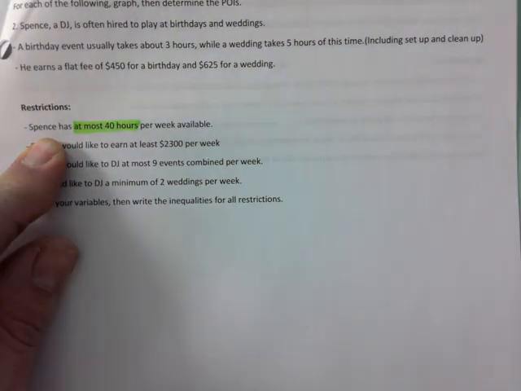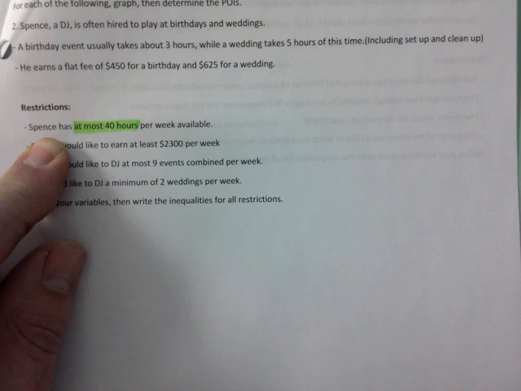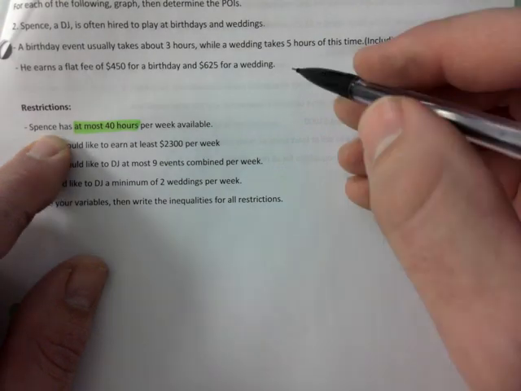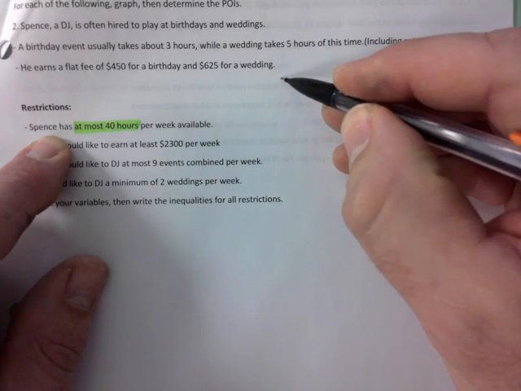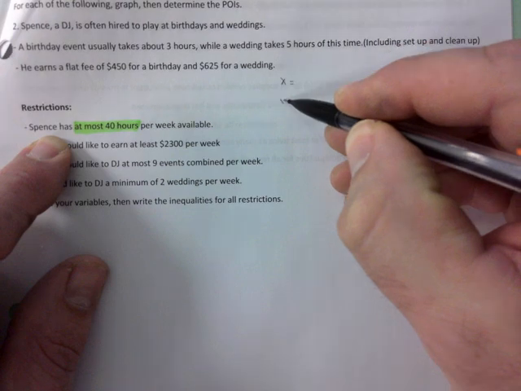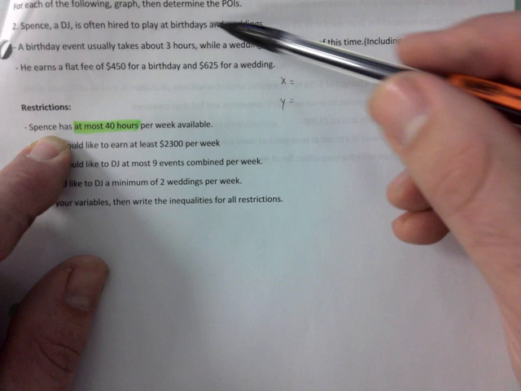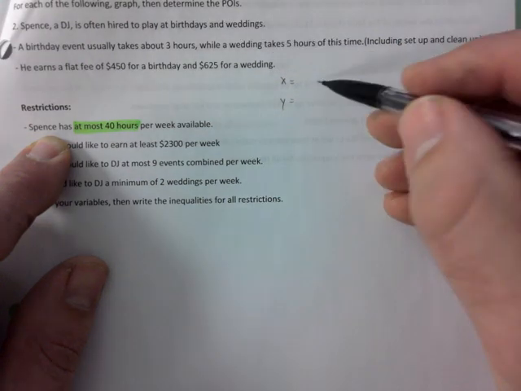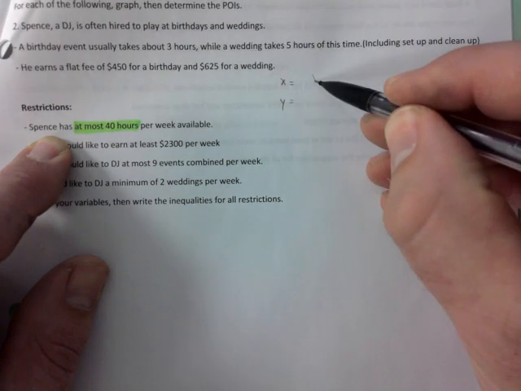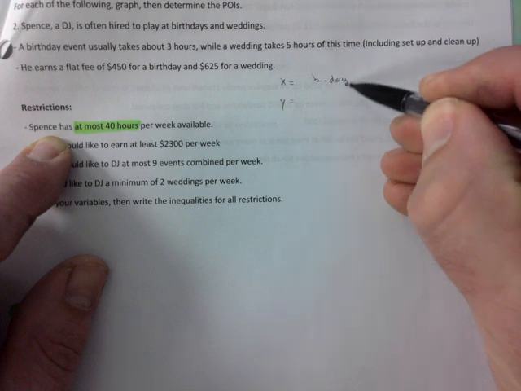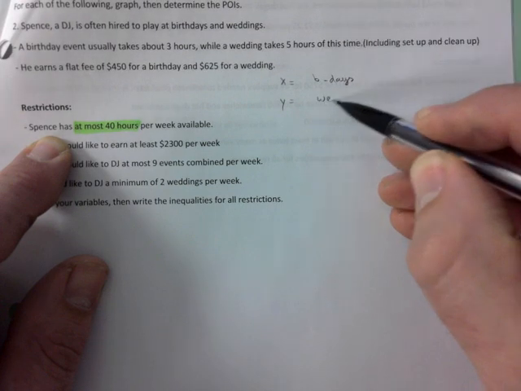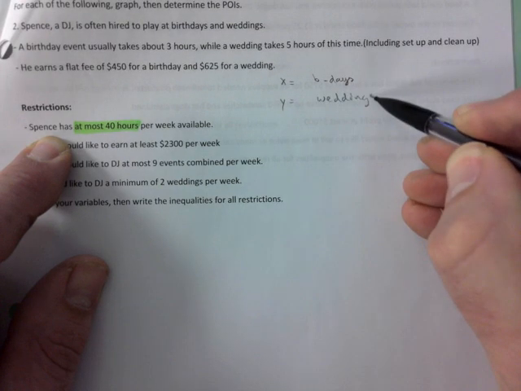Okay. And let's first define our variables up here. We'll let X be something, Y be something. And yes, you should think that it's birthdays and weddings, right? And then you have to ask yourself, would it be hours?